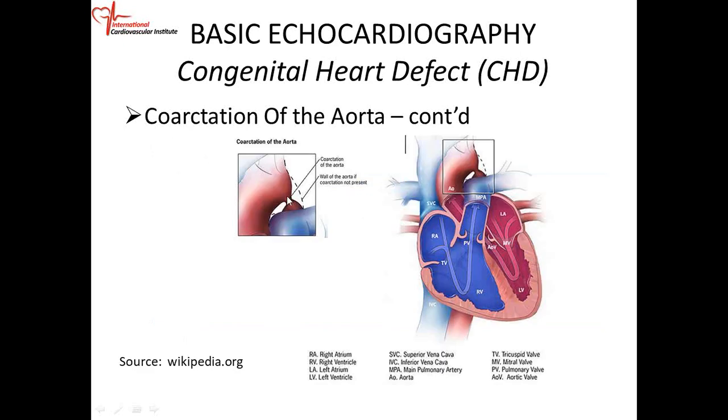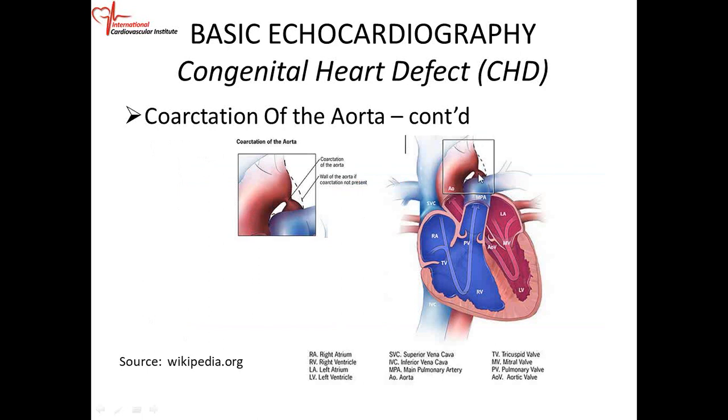So usually it's not as dramatic as this. So the aorta, you have the ascending aorta, the arch, and then the descending aorta. It's a narrowing. Usually not as dramatic as this. Sometimes it's just a mild narrowing. So your left subclavian will be, say, right here.